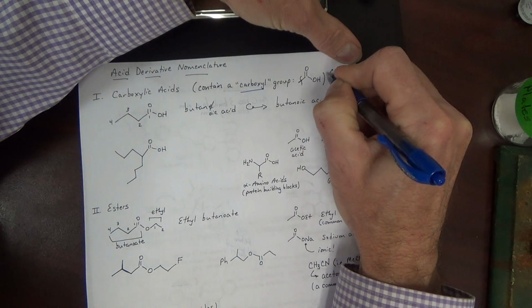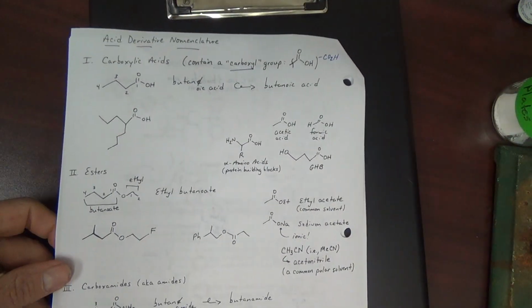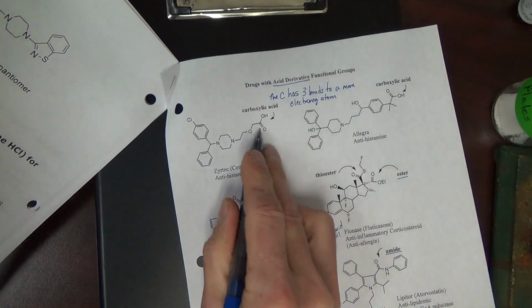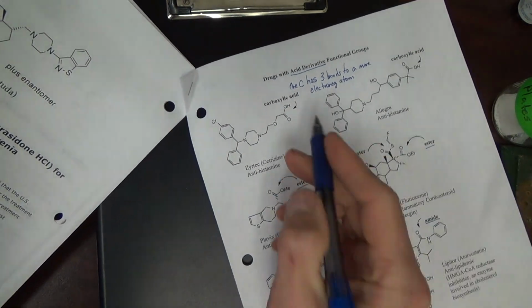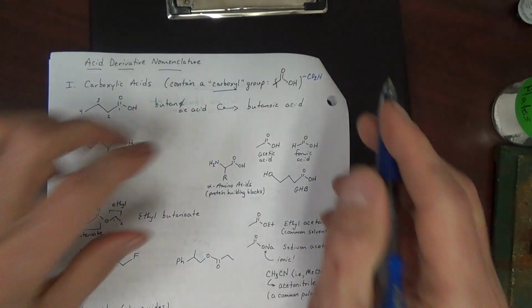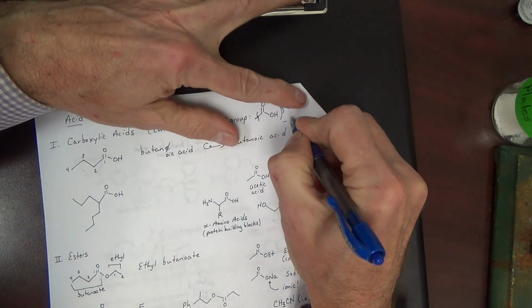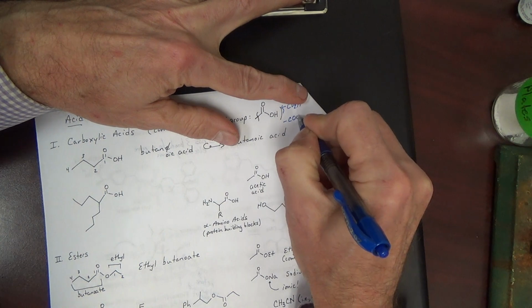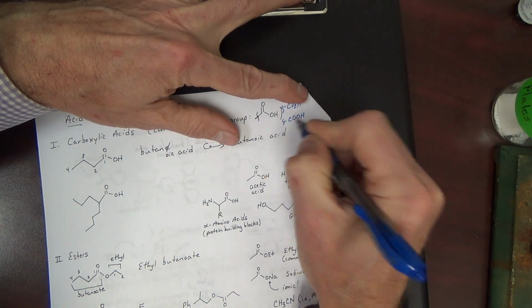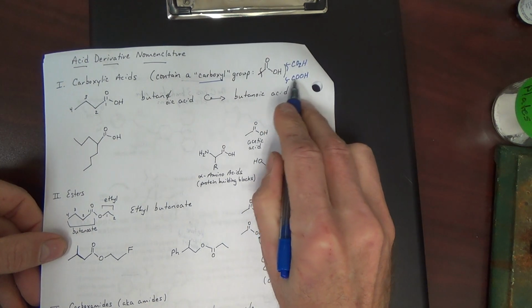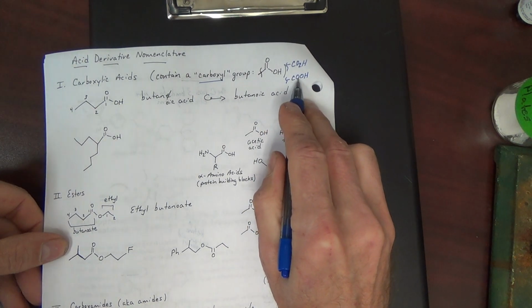That's very common. Over here it was all drawn out. Very often you may just see it sort of condensed. This may also be shown as COOH. That is showing 2 oxygens separately.